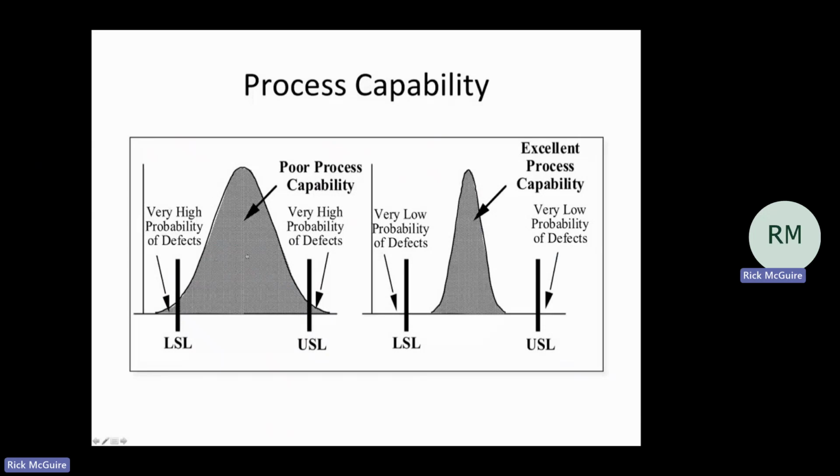This specific example on the left shows process variation that is greater than the allowed variation in my design. That indicates a very poor process. It's not capable of meeting the design specifications. Just by looking at this, I could tell that the Cp value is going to be less than 1, meaning that the variation in my process is greater than the variation in my specifications, right?